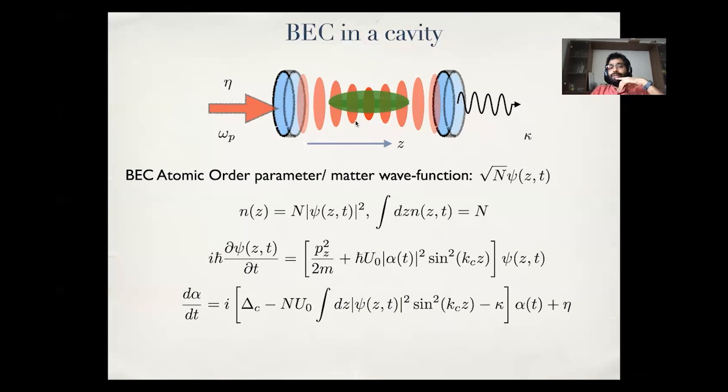I can have some dynamics here. If I move my cloud, that changes my alpha and I can get some dynamics. So this means that the light induced potential inside a cavity is somewhat more exotic than the regular optical lattice, because it allows for the atoms not just to move in some fixed potential, but the atoms can back act on the potential itself.